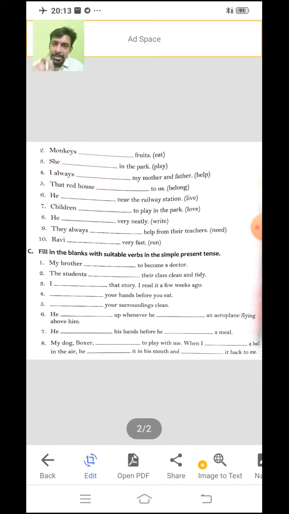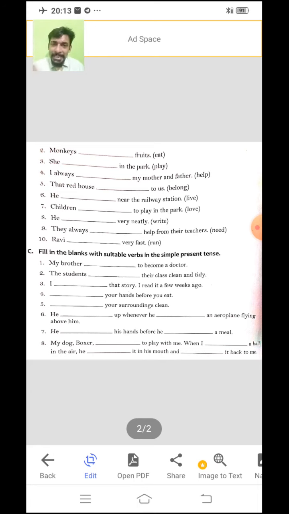Number 4, wash your hands before you eat. In number 5, keep your surroundings clean.